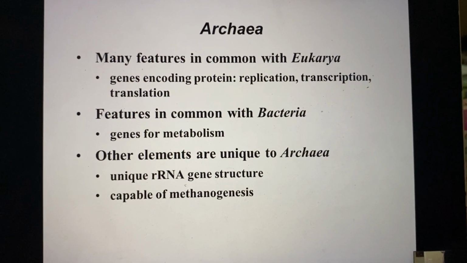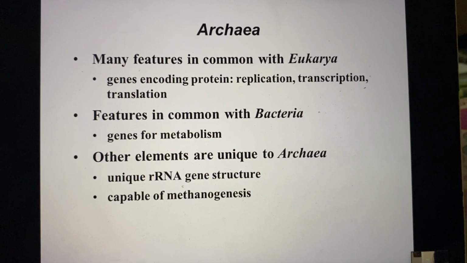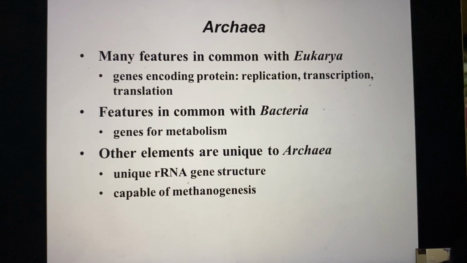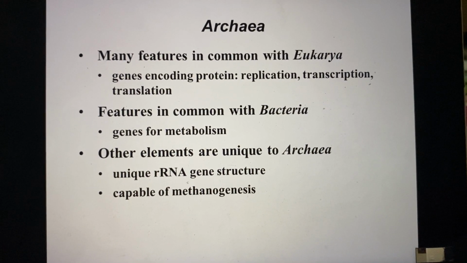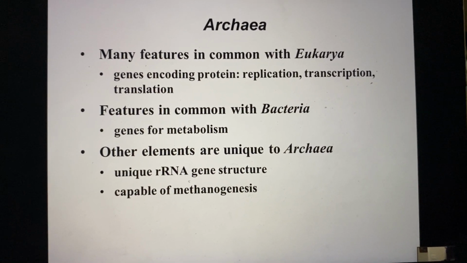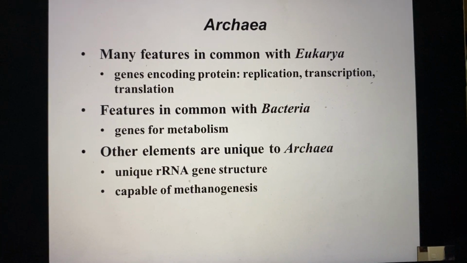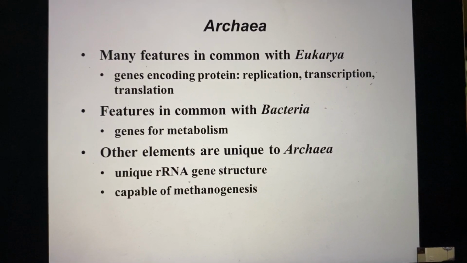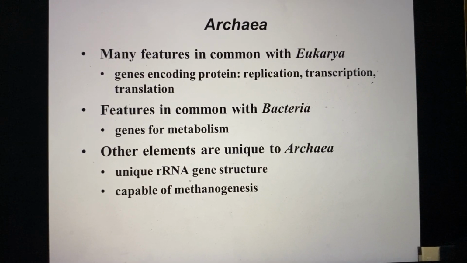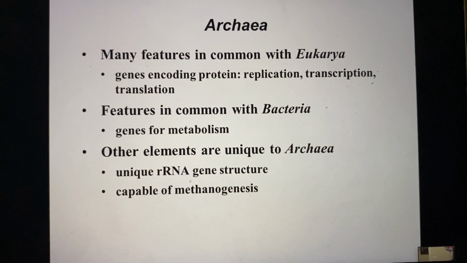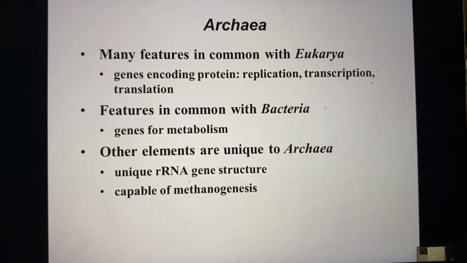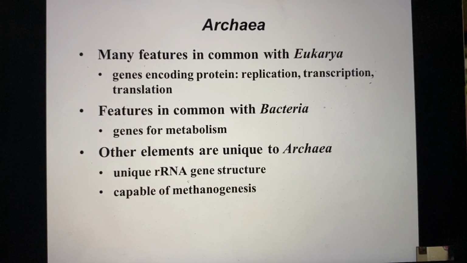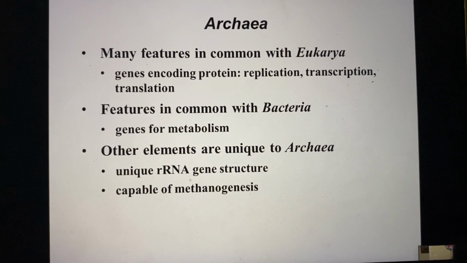Their replication, transcription, and translation are very similar to the eukarya. But there are features that are common with bacteria. Their genes for metabolism have some commonality with the bacterial metabolism that we've already studied. But then there are some elements that are very unique to archaea, and that's why they have been put away from the bacteria as a special group, as a domain now.